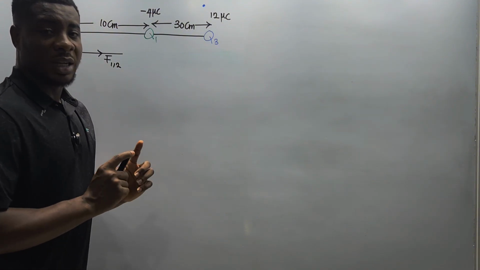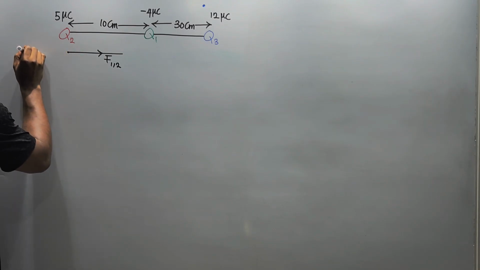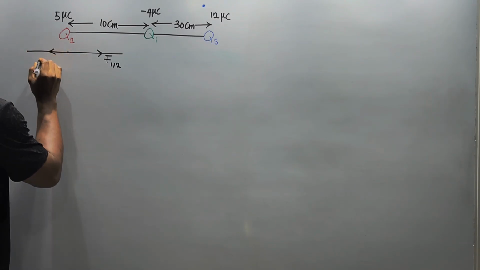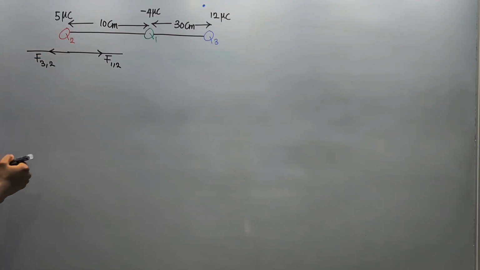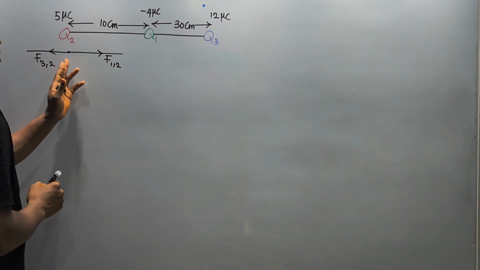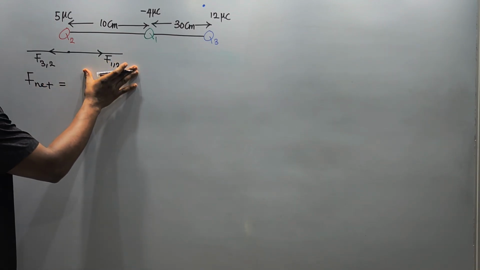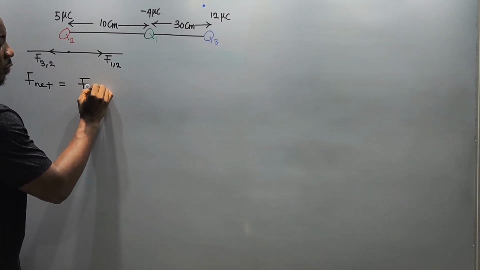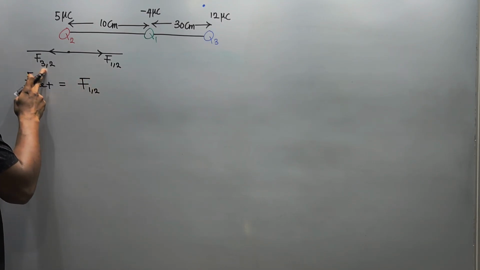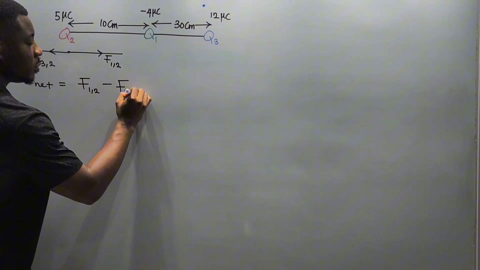Remember that when charges are like charges, they repel. Since F1 on 2 is moving to the right, it's going to come first and be positive. Since F3 on 2 is moving to the left, it's going to be negative F of 3 on 2.